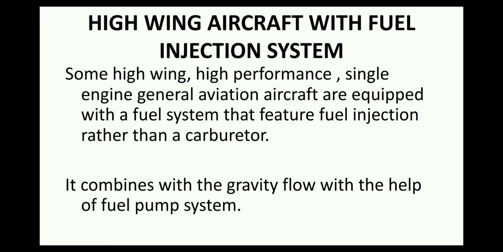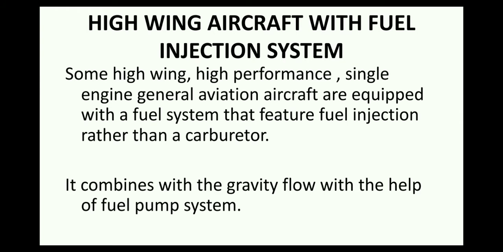Aircraft with the fuel injection system. So now we have discussed two types of fuel supply system: first the gravity feed system, and second the pump type feed system. What happens with aircraft with fuel injection? Some high performance single engine general aviation aircraft are equipped with a fuel system that features fuel injection rather than a carburetor.